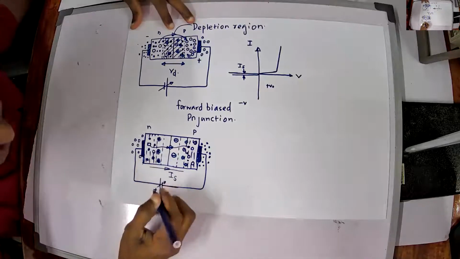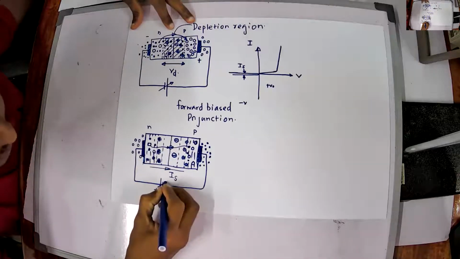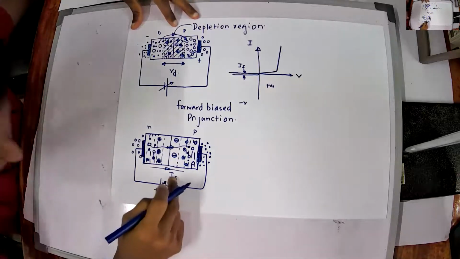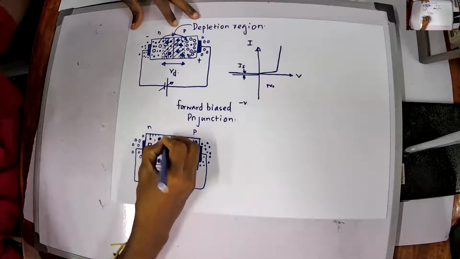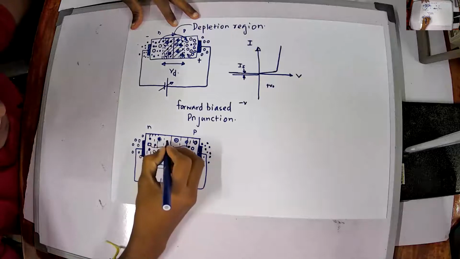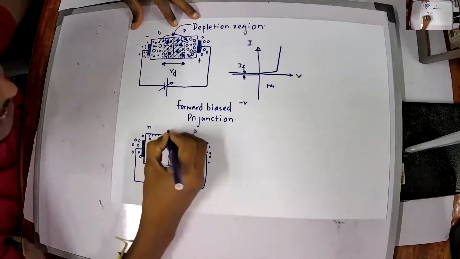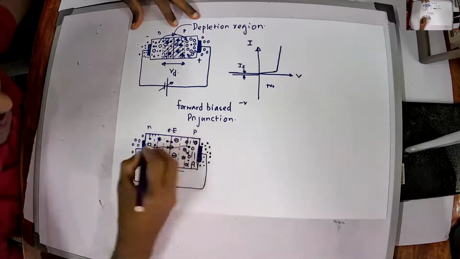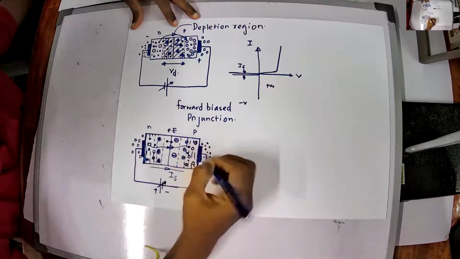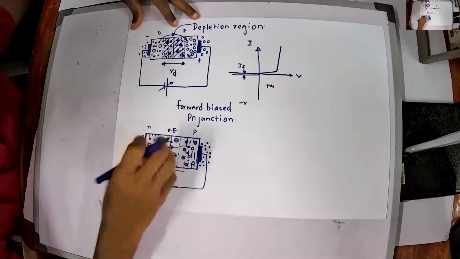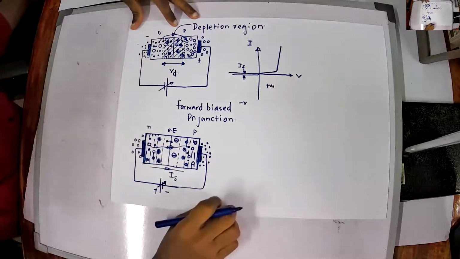At that condition, if I increase the potential further, the electrons at the bonds will get an energy which is e times E, where E will be the voltage divided by the distance, and then it will be pulled off from the bond.